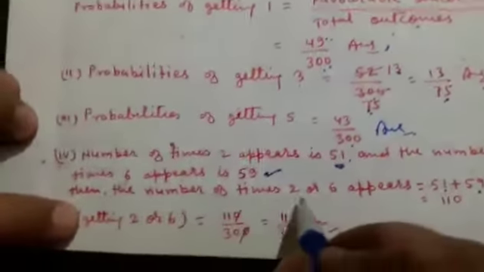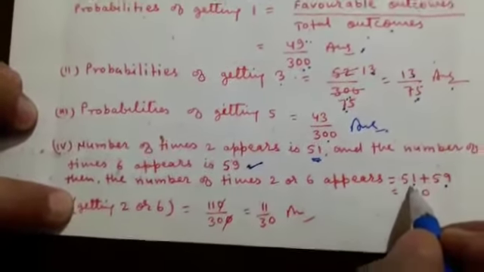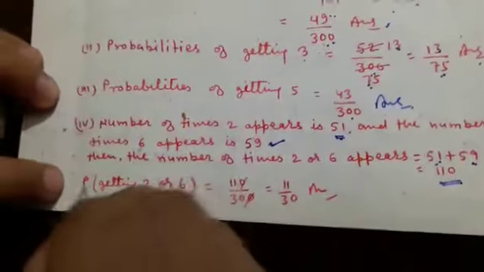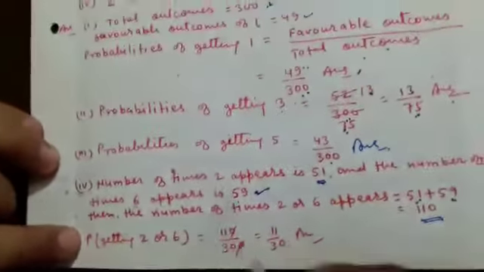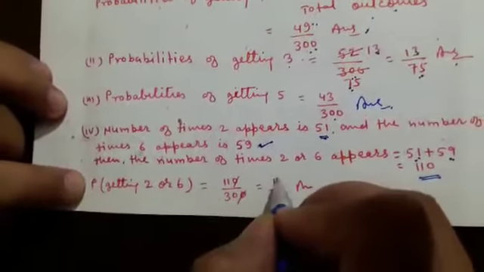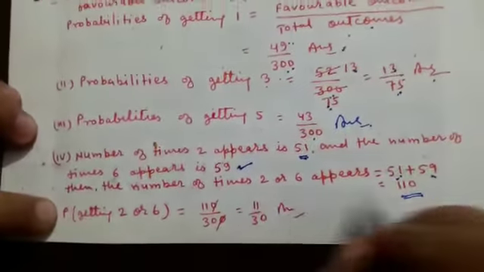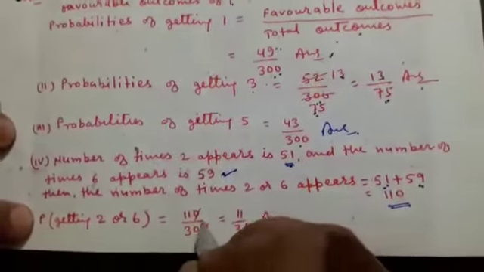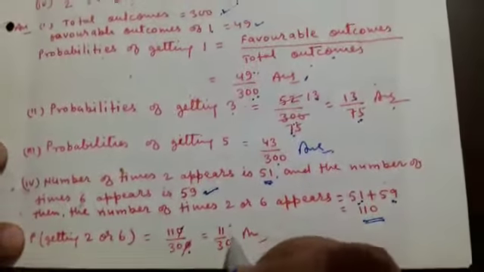The number of times 2 or 6 appears is equal to 51 plus 59, that is equal to 110. Now probability of getting 2 or 6 is equal to 110 by 300. Now the zeros will cancel out, therefore 11 by 30 will be our answer.